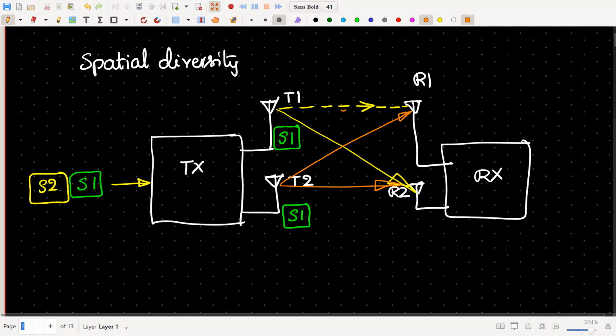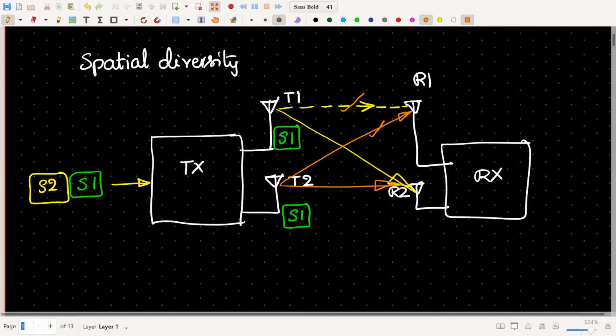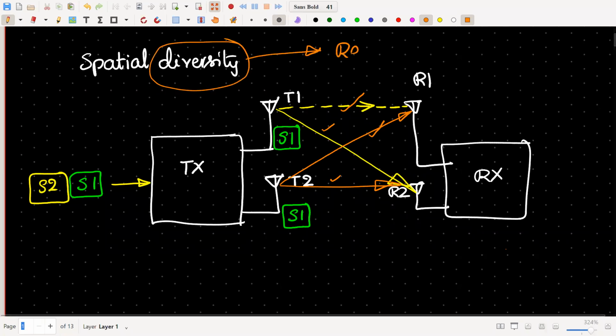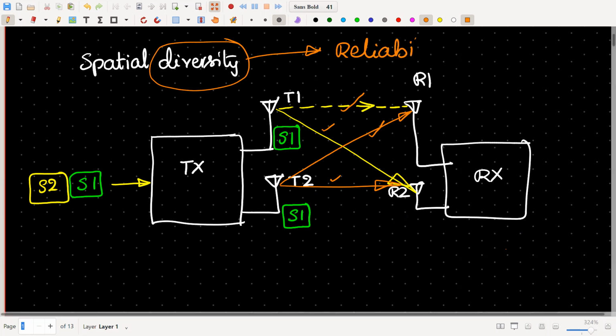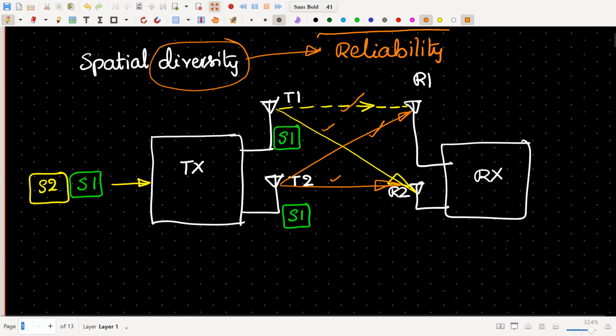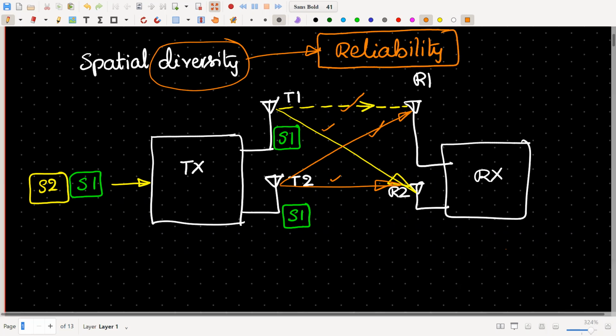Say, for example, if this path is in deep fade, you can't transmit symbols over these 2 paths, but you can transmit symbols over these 2 paths here. At the receiver side, we can collect these 2 symbols. That means you'll have good energy so that you can recognize your symbol at the receiver side. We know very well that diversity improves reliability, because diversity is combating the fading problem.